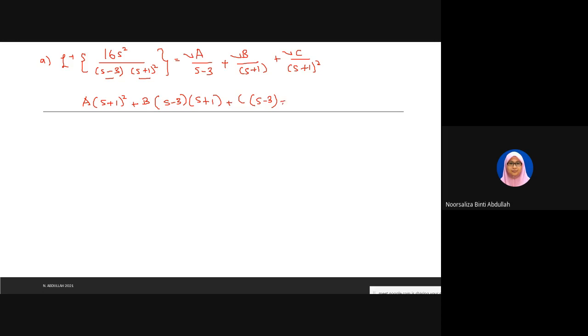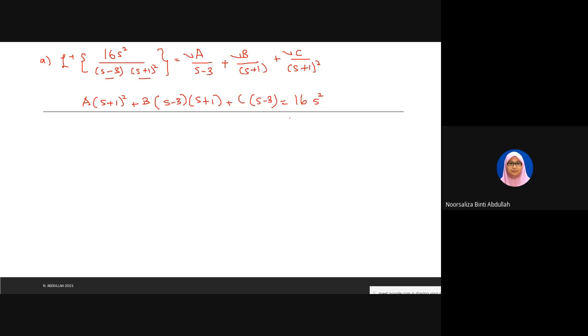Equals to sama juga dengan 16 S square. Okay, so this one equals to 16 S square.